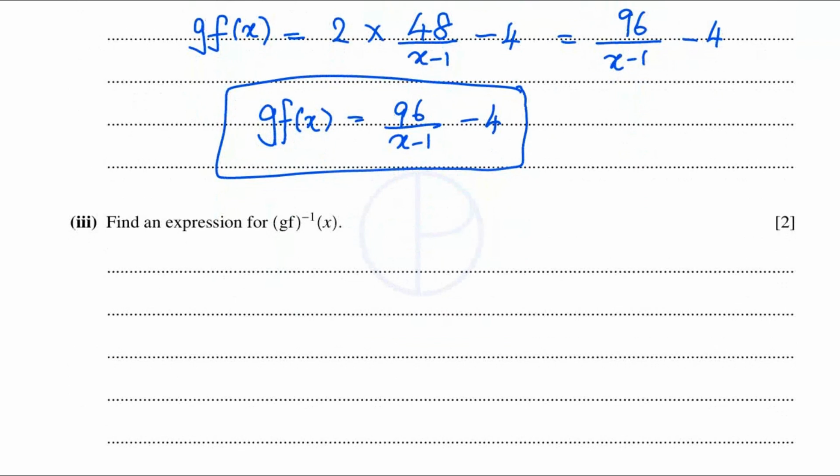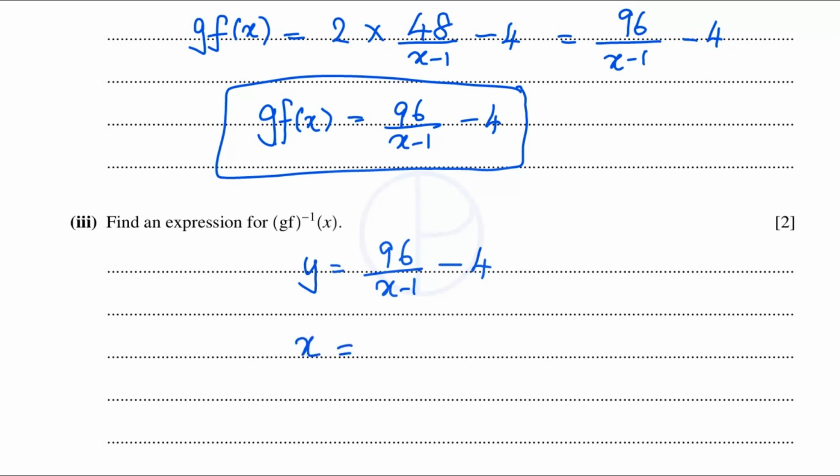The next part of the question is: find an expression for gf, the whole inverse of x. Let's take y as 96 divided by x minus 1, minus 4. We have taken gf of x as y. Now interchange x and y.